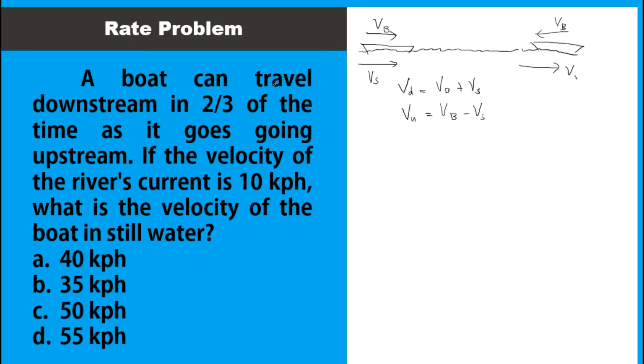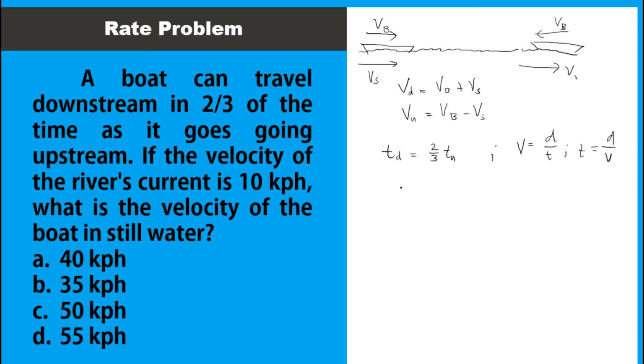The boat can travel downstream in 2/3 of the time as it goes upstream. You can say that the time downstream is equal to 2/3 of the time it goes upstream. So that is our first condition. Velocity is distance over time, so time is distance over velocity.